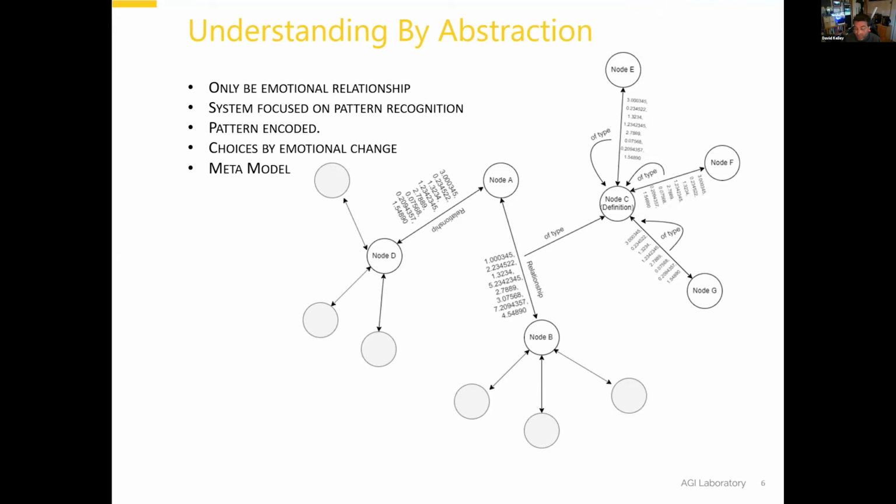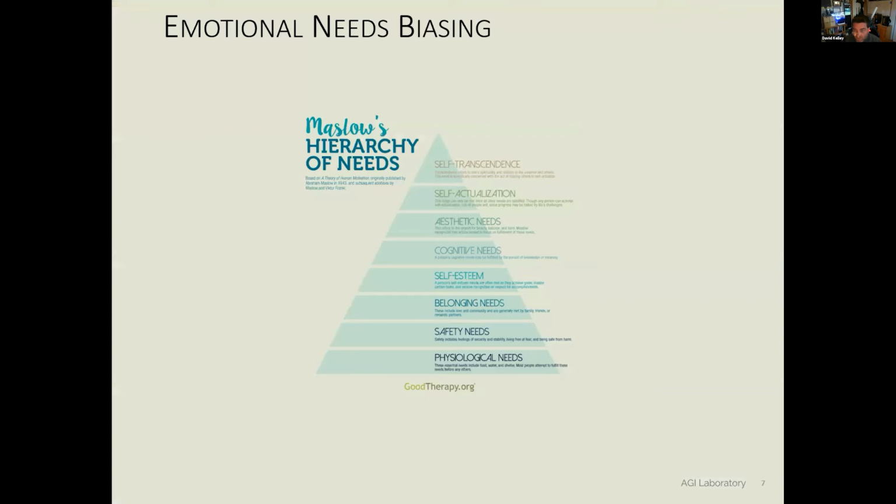But the bigger the graph becomes, if you just leave it all in there and don't have any way of indexing it, then you've got to search these increasingly massive context graphs, which becomes problematic. So from a performance standpoint, you have this meta model.